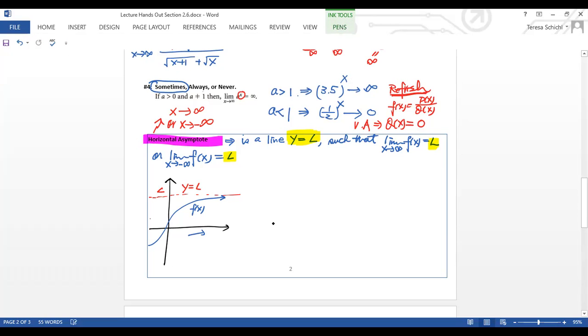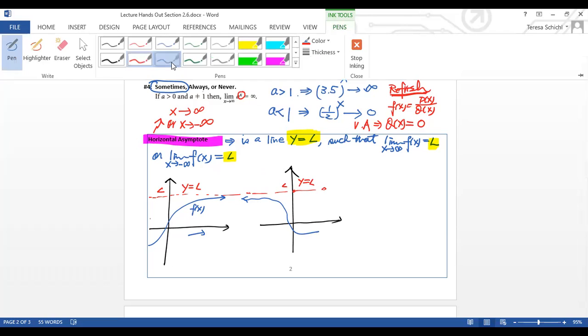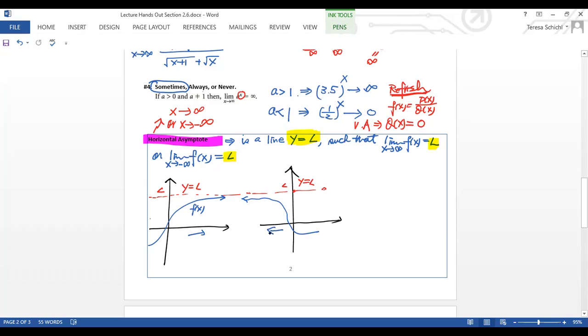Okay, now let's take a look at another one. For example, I can have some graph here, and here will be my y equal to L. This is my horizontal asymptote, and this end is x approaching what?